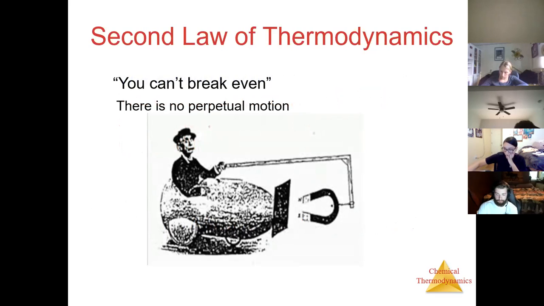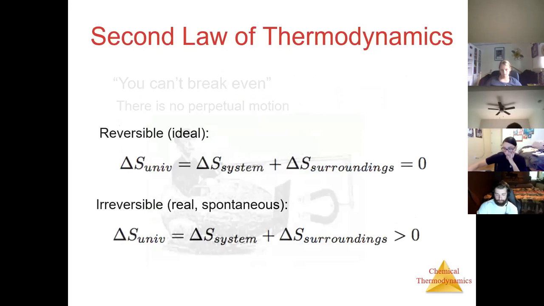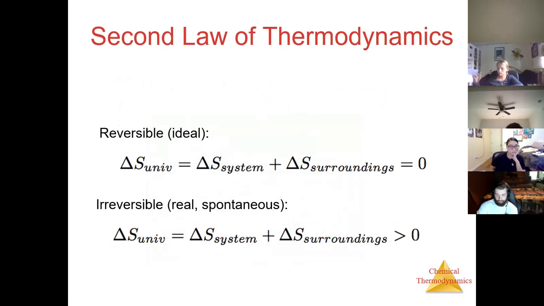But you can't break even. There is no perpetual motion. Again, if I have an ideal reversible process, my change in entropy of the universe will be 0.